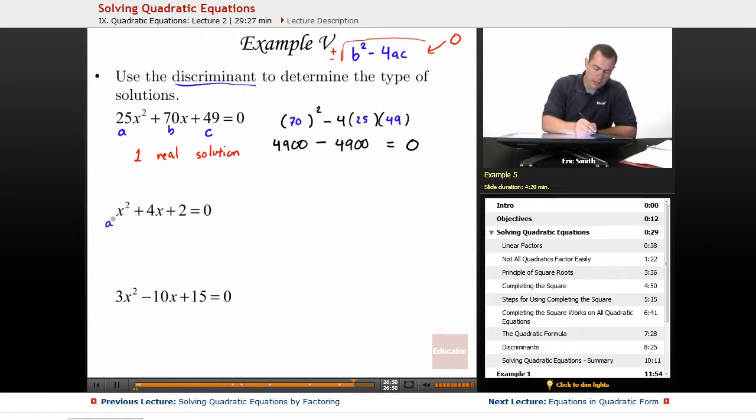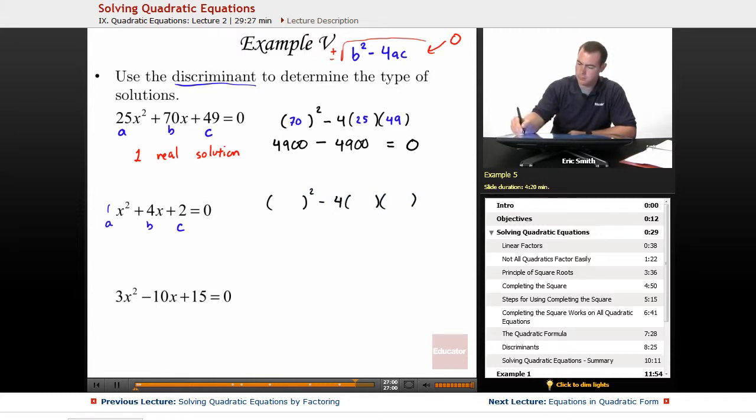So I have a is 1, b is 4, and c is 2. Okay, so b would be 4, minus 4a and c, and now we'll multiply all that together. So 4 squared is 16, 4 times 2 is 8, and 16 minus 8 is 8.